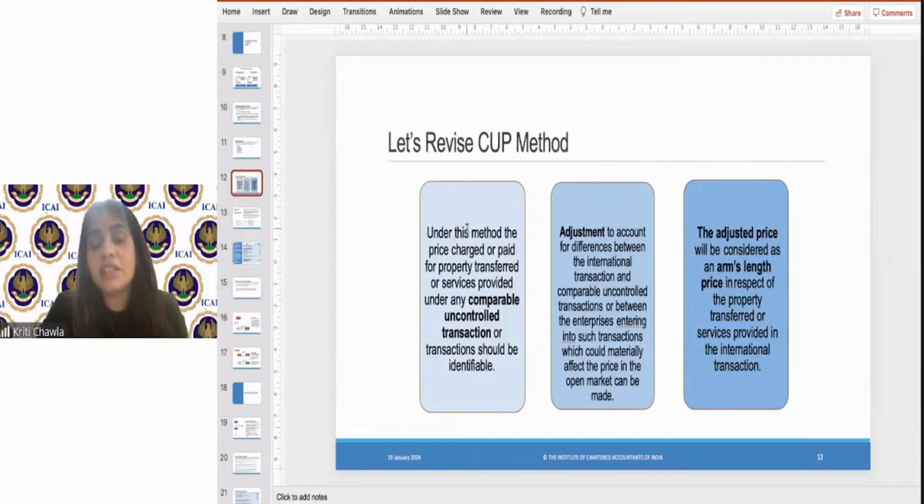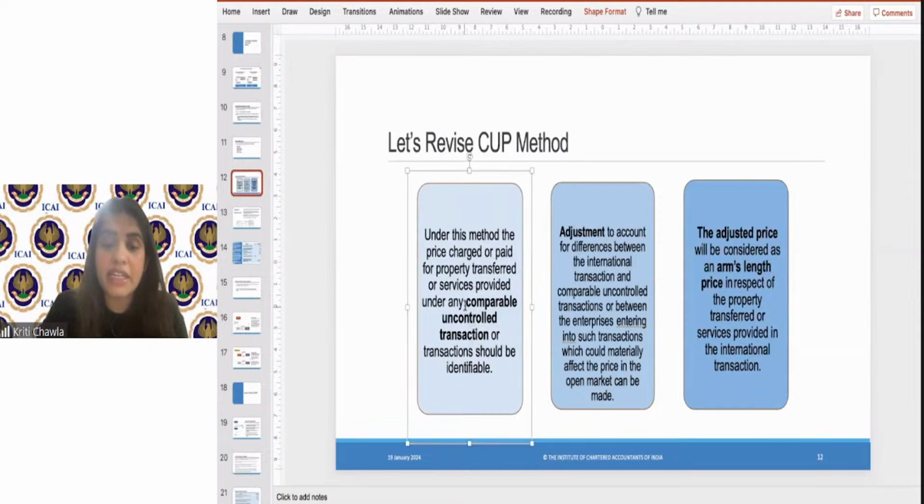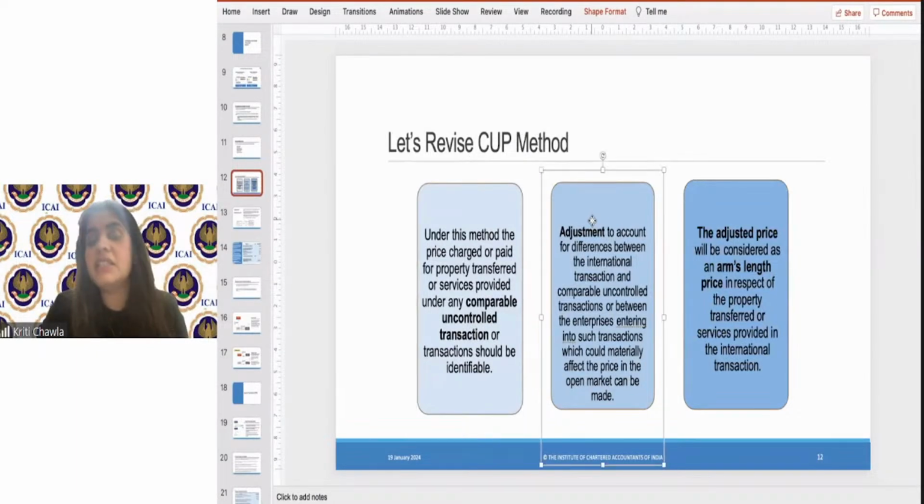Under this method, the price charged in a comparable uncontrolled transaction will have to be identified, and this price can be taken. But you might have to adjust it for differences. If there is any difference, you'll have to make some reasonable, accurate adjustments.